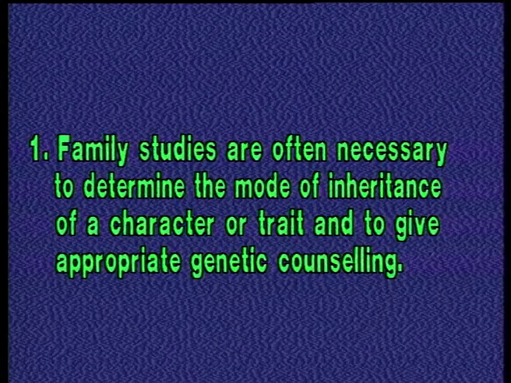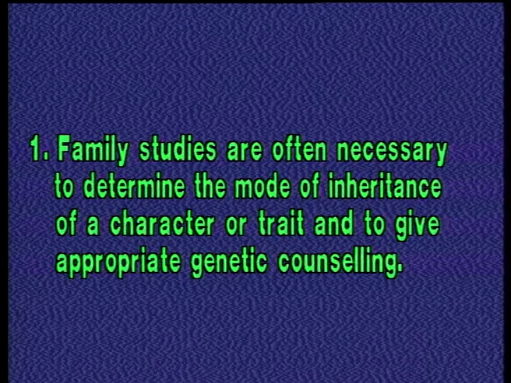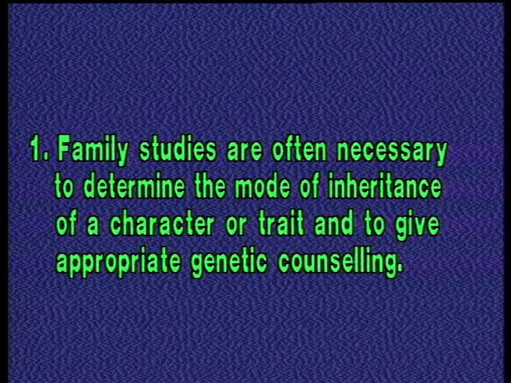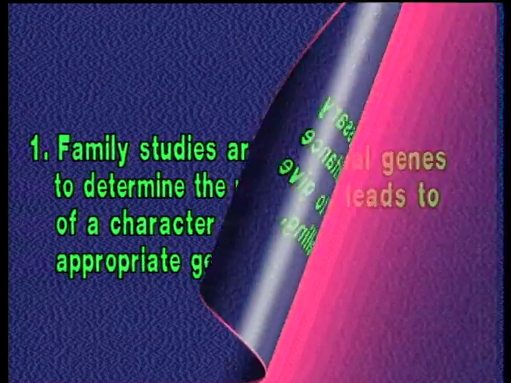So far in this lesson on genetic diseases, you have studied about the genetic diseases, about the chromosomes and genes, and about the details of the genetic diseases. Now, I will summarize the entire lesson. Number 1, family studies are often necessary to determine the mode of inheritance of a character or trait and to give appropriate genetic counseling.